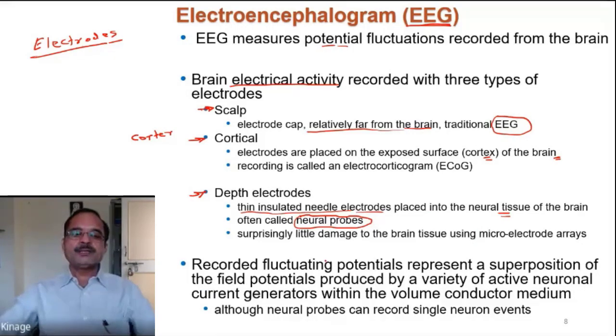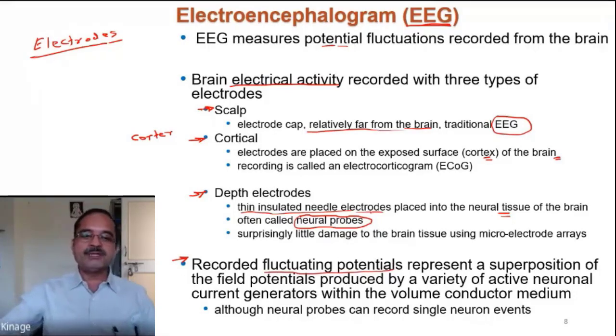Now these electrodes record fluctuating potentials, which are a superposition of the field potentials produced by a variety of active neural current generators within the volume conductor system.